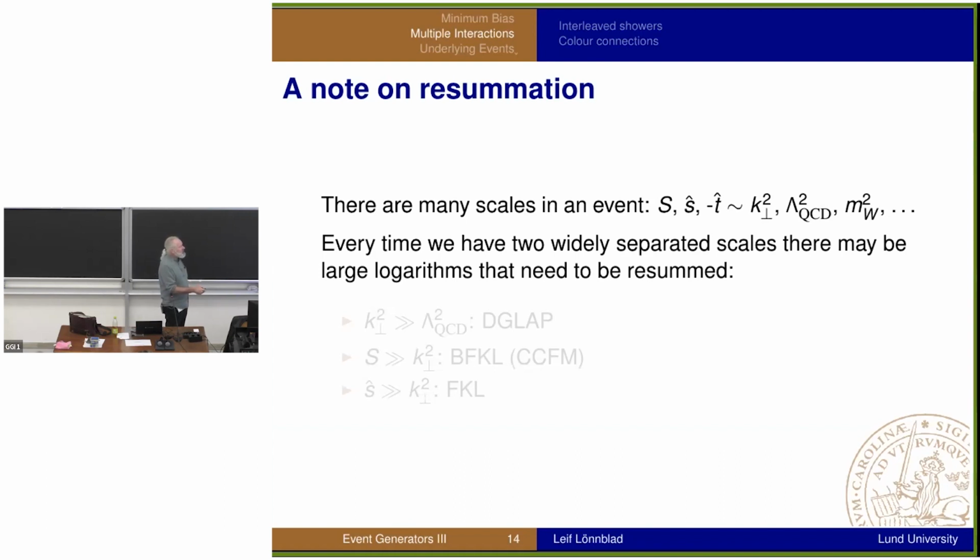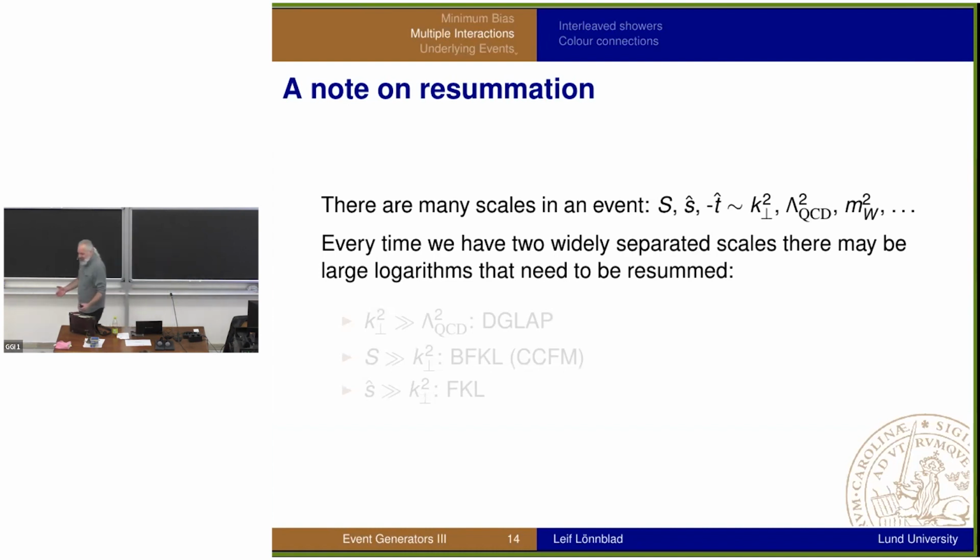And we have the transverse momentum, or in general the t hat, the exchange momentum inside the hard scattering. And we have down to lambda QCD, which is where perturbation theory goes away. And we can have other stuff like the mass of the Higgs, mass of the W.